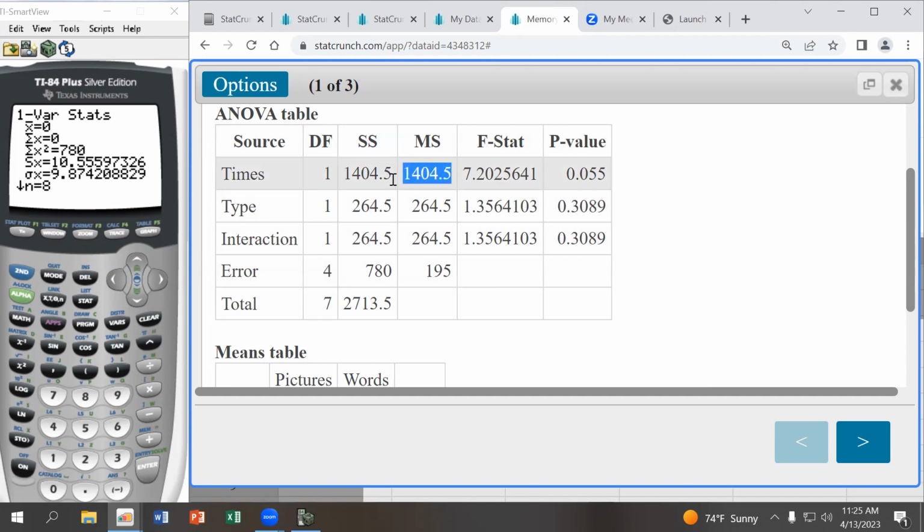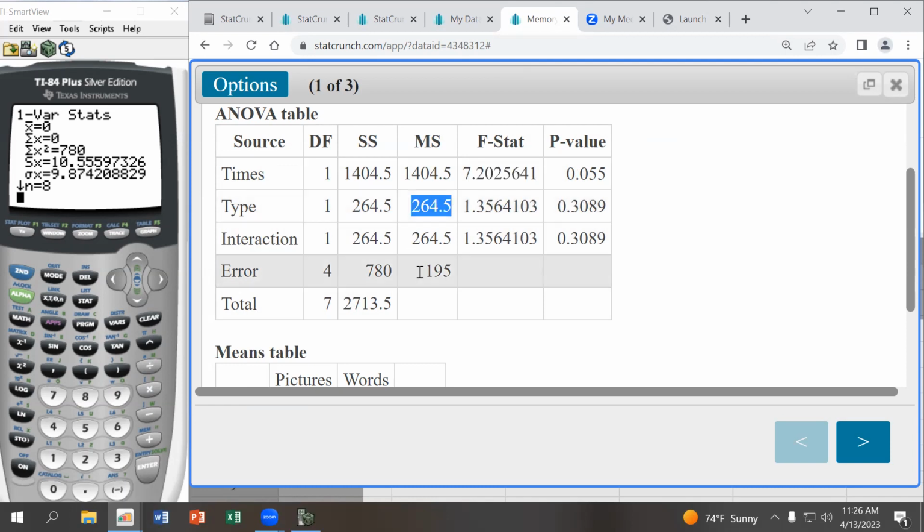So 1404.5 over 195. Tell me what you get. It better be 7.2025, or else my life will be meaningless. The first MS divided by MS within. Did it match up? Yeah.